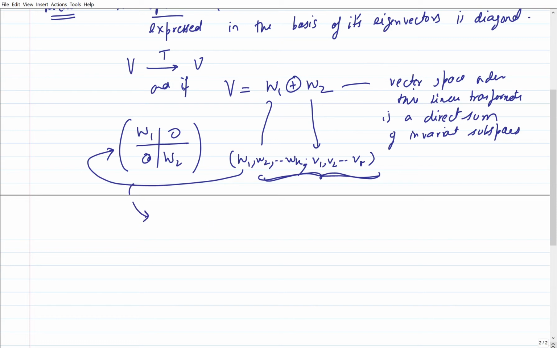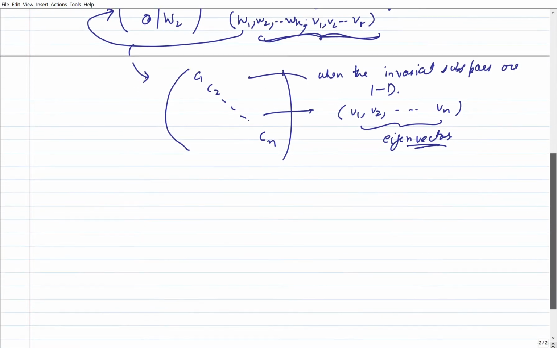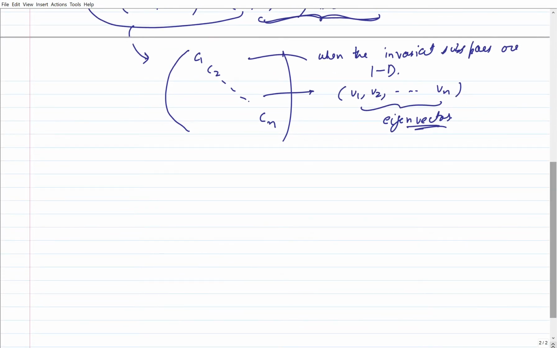And when the invariant subspaces are one dimensional, I have a diagonal matrix, and the basis for this is the eigenvectors. You can check that. So essentially, any matrix is a diagonal matrix in the basis of its eigenvectors.